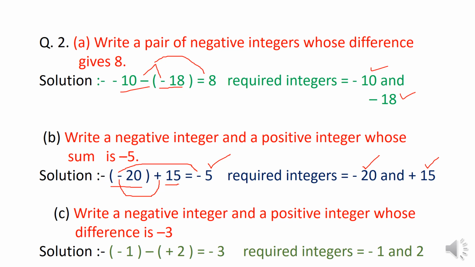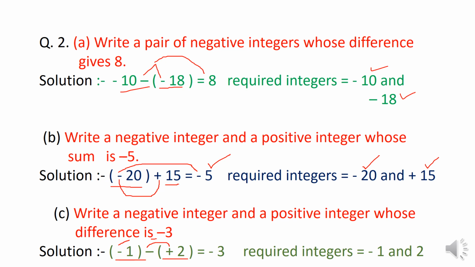Now, let us see (c). Write a negative integer and a positive integer whose difference is minus 3. So, here I have taken minus 1 and plus 2. Again these two do not have the same sign, but if you solve it, minus outside and plus inside, this will become minus again, that means their signs will become the same.